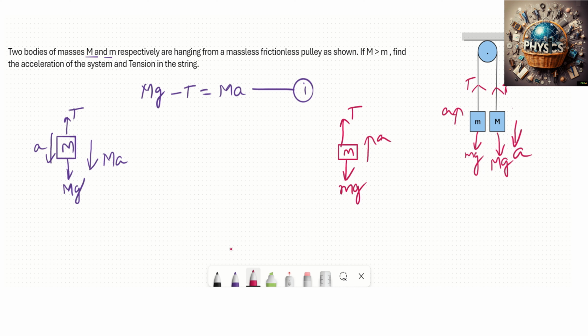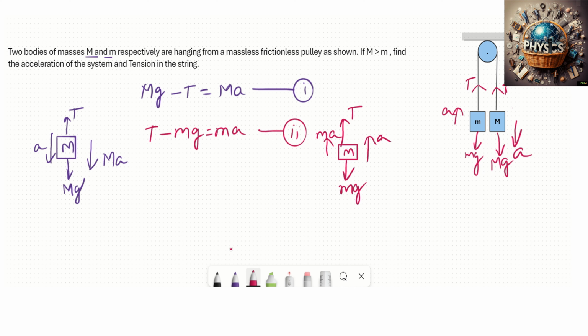So the equivalent force responsible for this acceleration is small m into a. Since T is pulling it upward, T minus small mg is the resultant force acting on this, equal to ma. So this is our second equation.